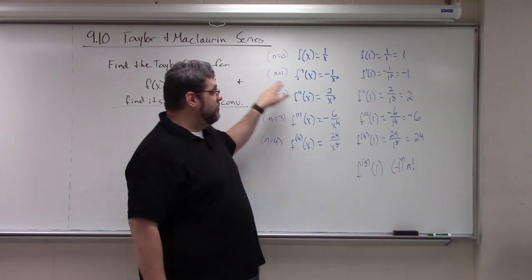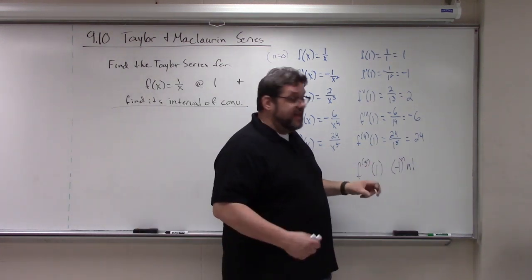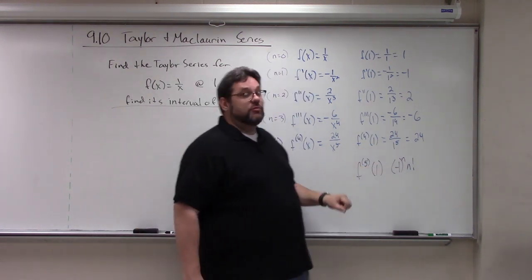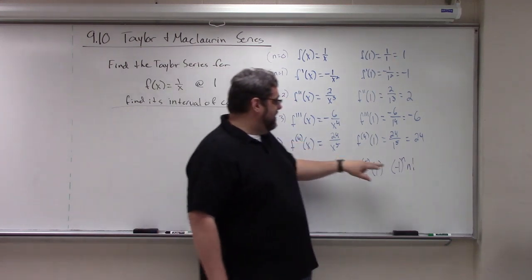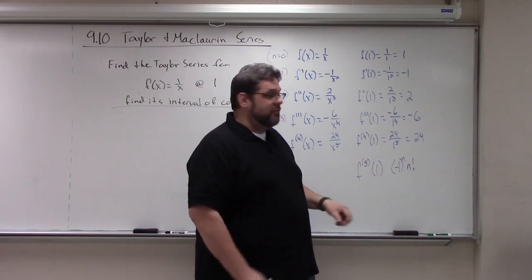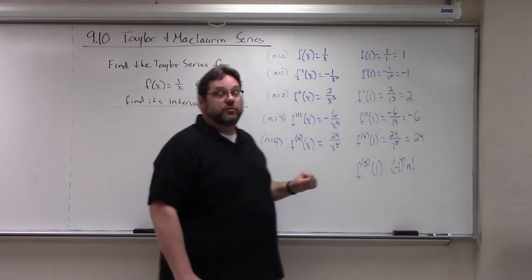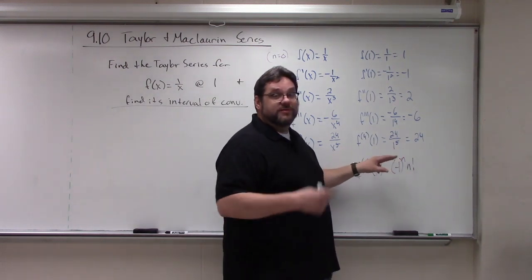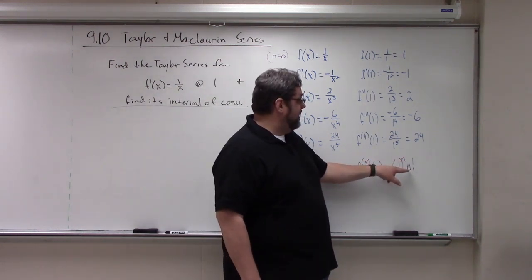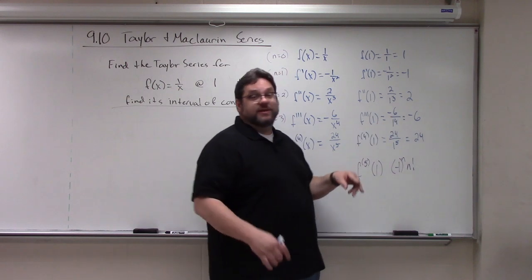If n equals 1, we have negative 1 to the first, which is negative 1, times 1 factorial, which is 1, so negative 1. N equals 2: negative 1 squared is positive 1, times 2 factorial, which is 2. If n equals 3, negative 1 to the third is negative 1, times 3 factorial, which is 6, so negative 6.